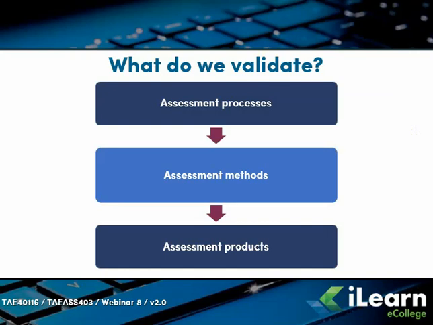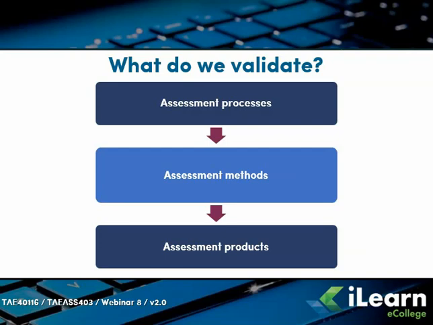So when you're preparing for a validation, you can focus on a particular item, such as just the mapping matrix. However, it is good practice to validate all of the documents relating to one unit at the same time. This means preparing assessment processes, methods, and products for validation.